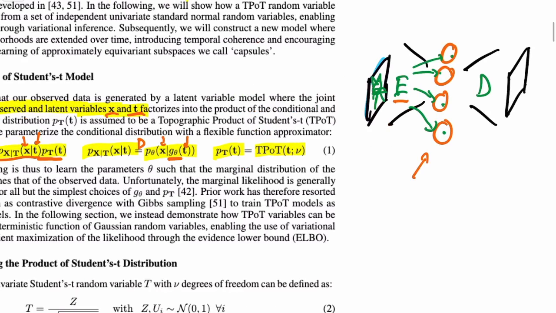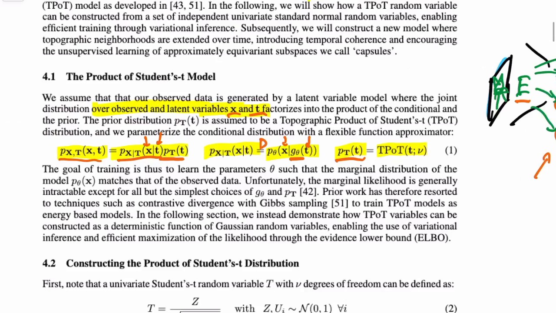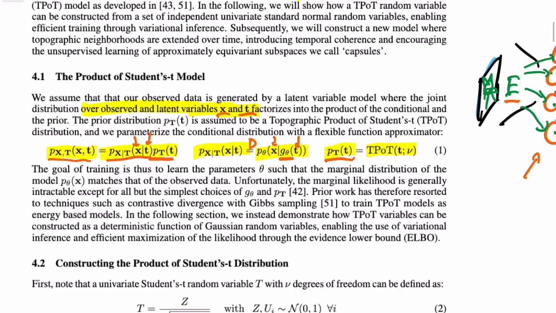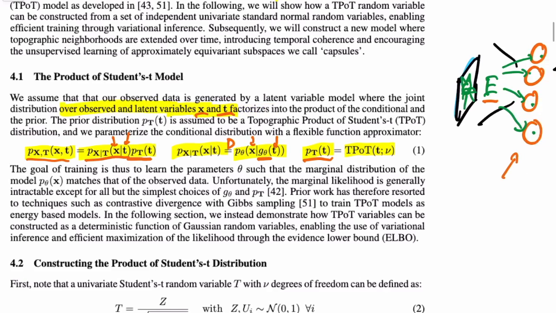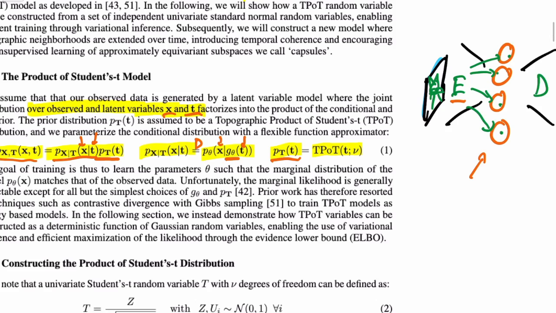So this distribution tells us the latent variables are distributed like this, and then there we go. Obviously, what we want is our encoder to produce the latent variables, but we also want what the encoder produces to follow this distribution right here.